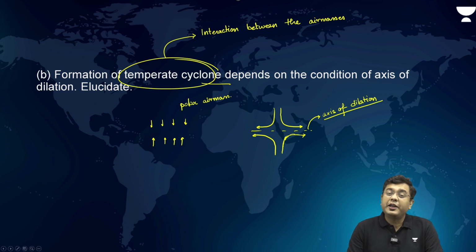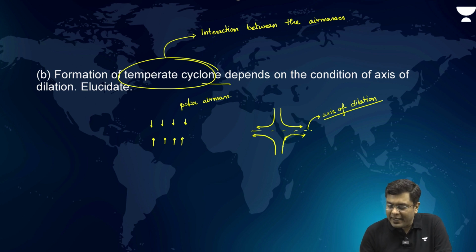Now, this particular axis of dilation, as long as this remains quite prominent, you won't have the generation or the germination of a cyclone. Once this axis of dilation, let's suppose, gets deformed, there is a deformity or deformation, then what happens?